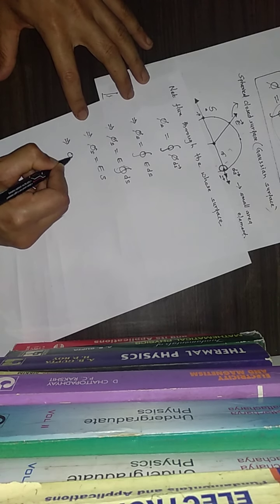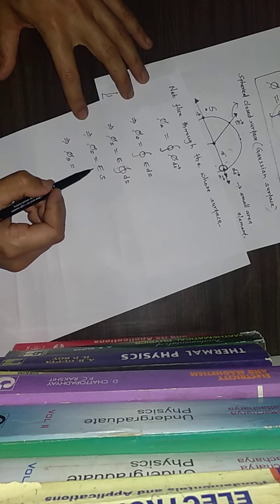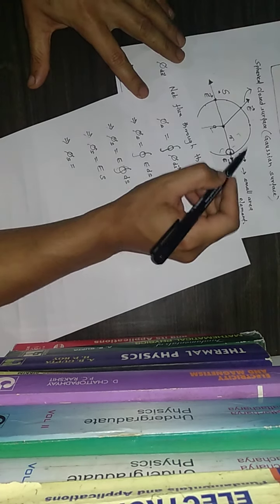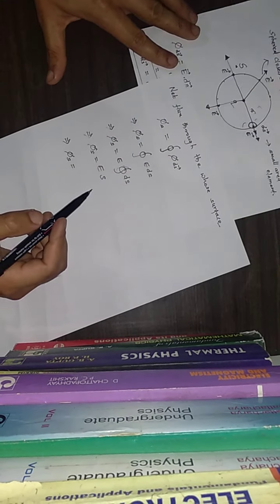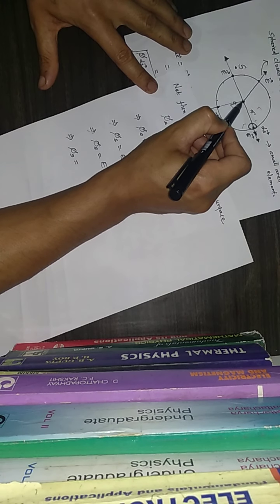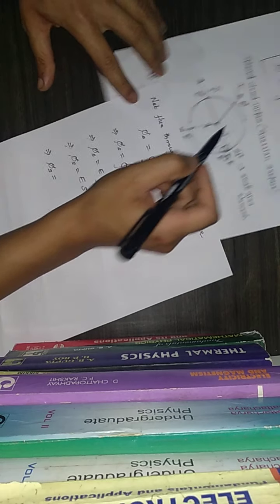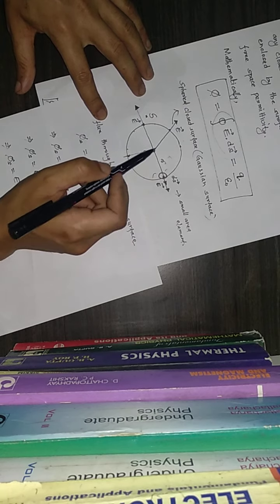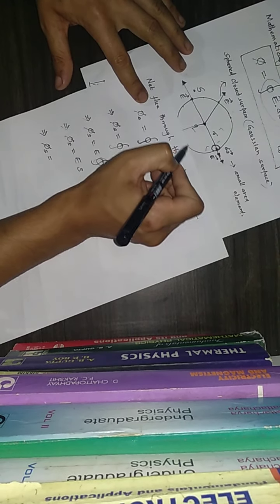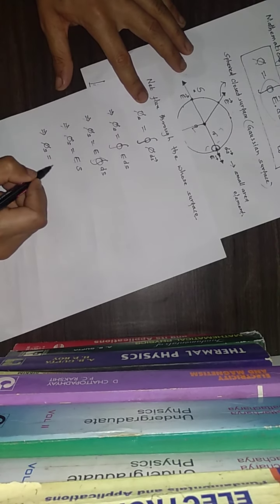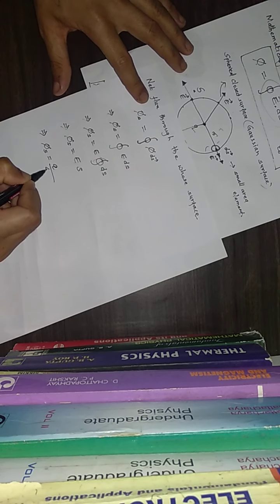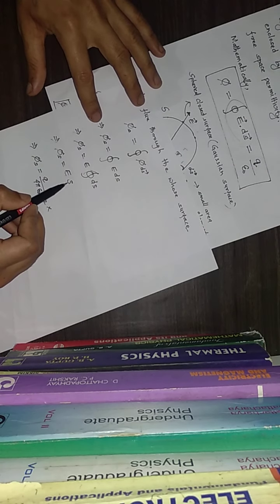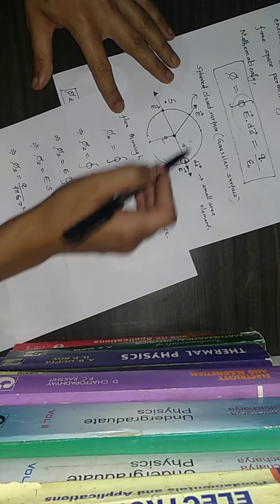So this will give me phi S is equal to, now what is the value of the electric field at each point on the surface? If q is the charge and each surface point is at distance r from the charge, then at each point on the surface the value of the electric field will be q divided by 4 pi epsilon naught r square, into the surface area of this whole Gaussian surface, which is a sphere.